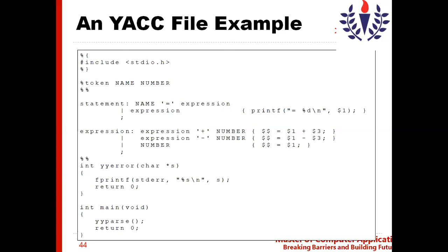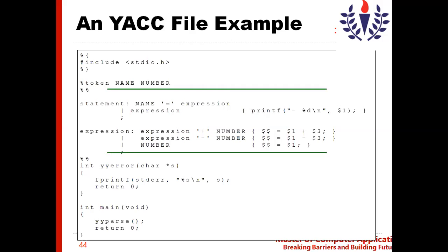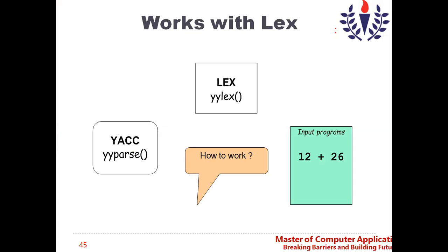Now, if you look at this next example, here instead of num, we use the number token. Instead of num, we use the number token. And here we have one more token, which is name. Say, for example, in this example, the input is given as 12 plus 26.